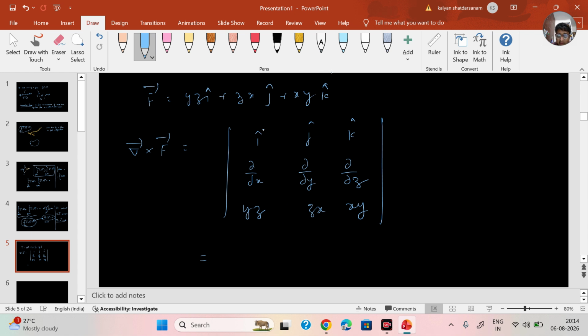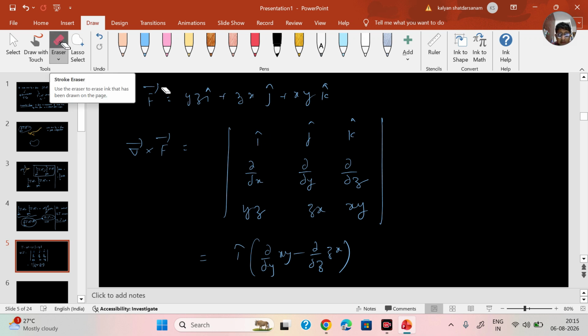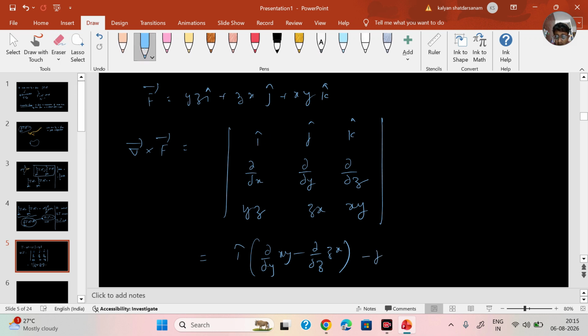So first I take the first row, first column element i, then I close the first row and first column, and whatever is left I do that. So dou by dou y of xy minus dou by dou z of zx. This is what you get, right? Then minus j, alternating plus and minus. You close the row and column containing j.